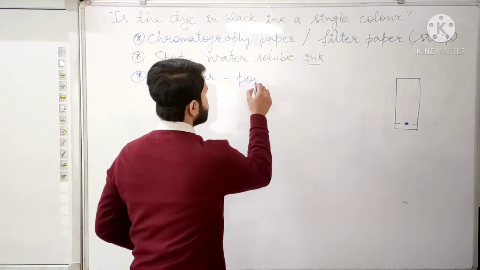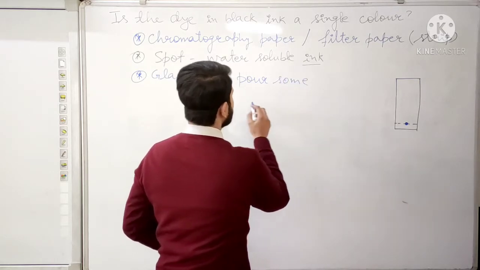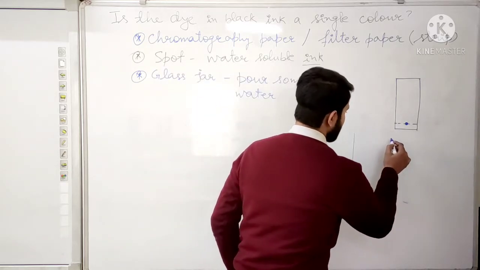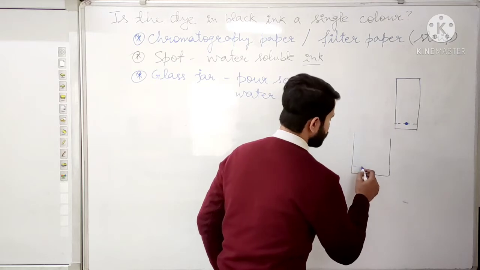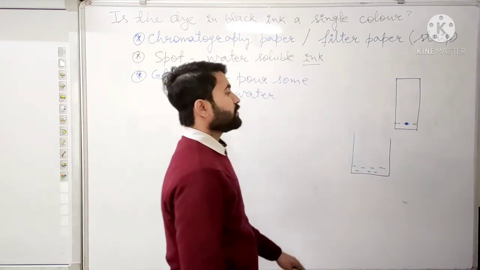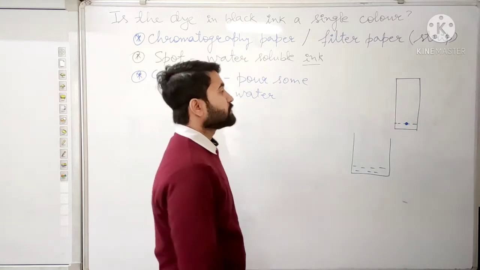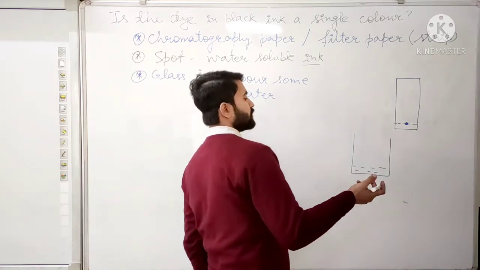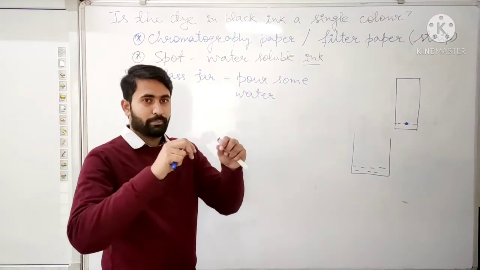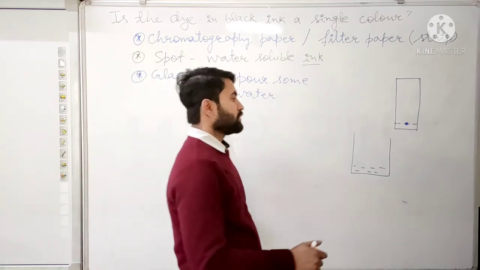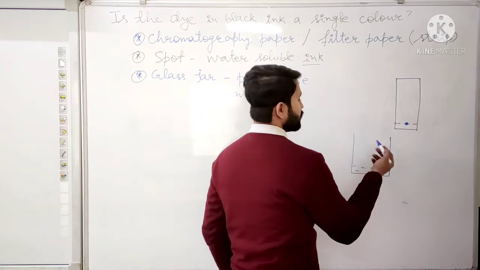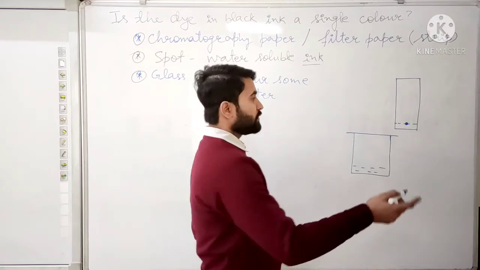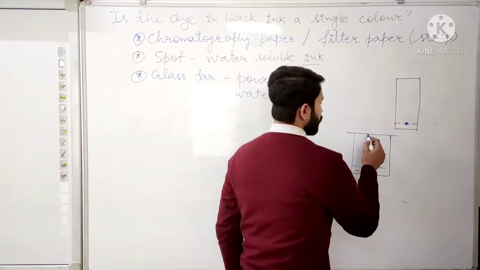Then we will hang this filter paper or chromatography paper using some clips, or we can roll it over a pencil and place the pencil on the edges of the beaker or the container. So here suppose we have kept a pencil, then we will hang this chromatography paper over this pencil.